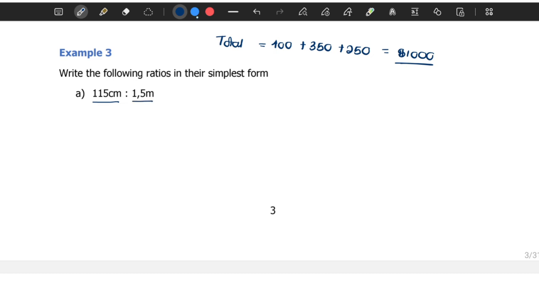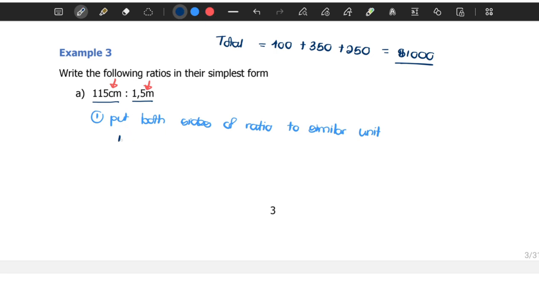So the first thing, number 1, put both sides of the ratio to similar units, right? Because when you look at it, we have meters on this side and centimeters on this side. So in this case, I'm choosing to change the meters to centimeters.